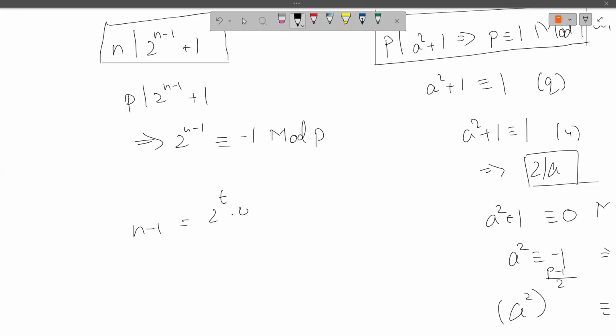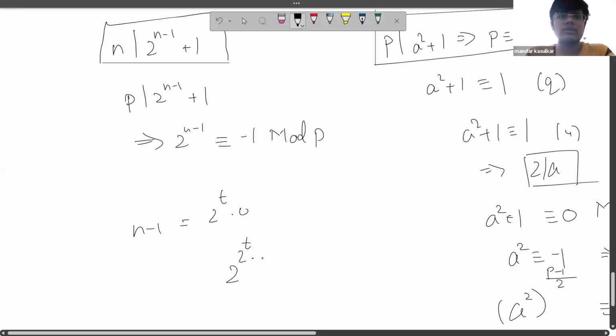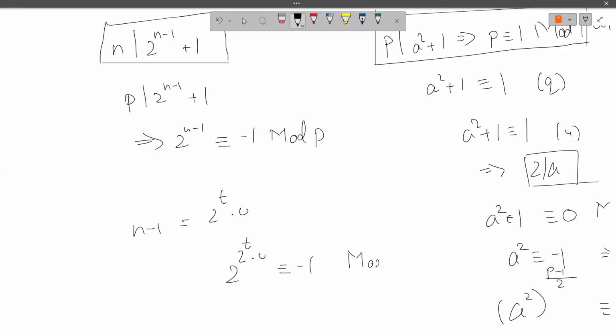And I want to remove the u, modulo p. Oh, okay. So you want to do this, I suppose. Yeah. Can we cancel out the u by raising to the inverse of u, because u is odd?